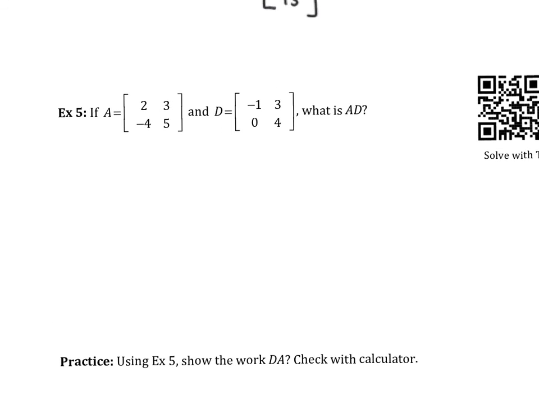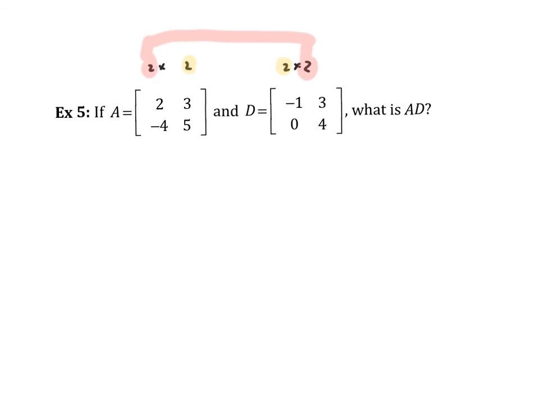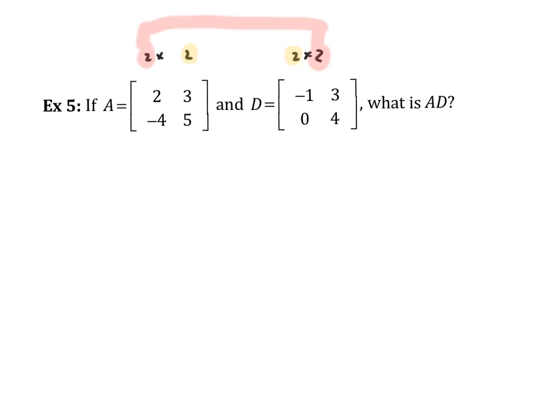If we have this 2 by 2 matrix and this 2 by 2 matrix, notice, I do want to point out to you, this is a 2 by 2 and this is a 2 by 2. Because these two match, the end result is going to be a 2 by 2. So let's see all that goes into doing this by hand.